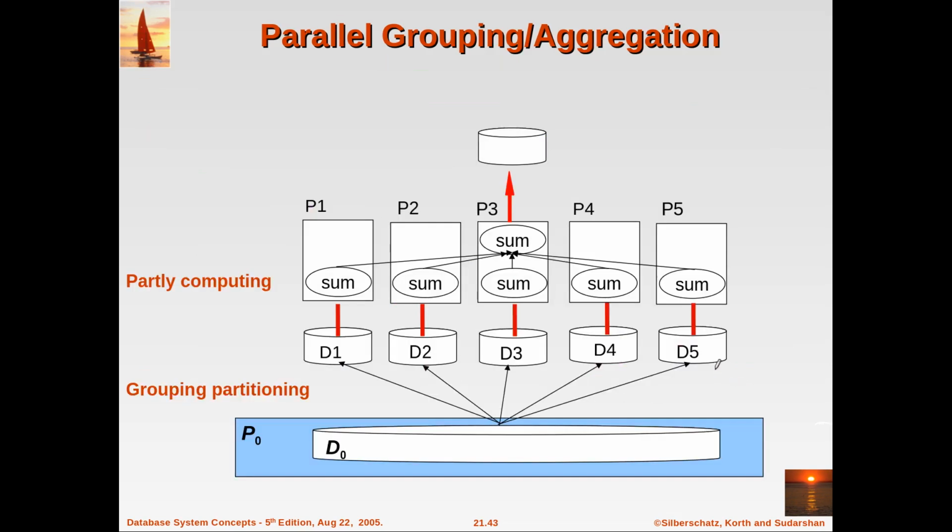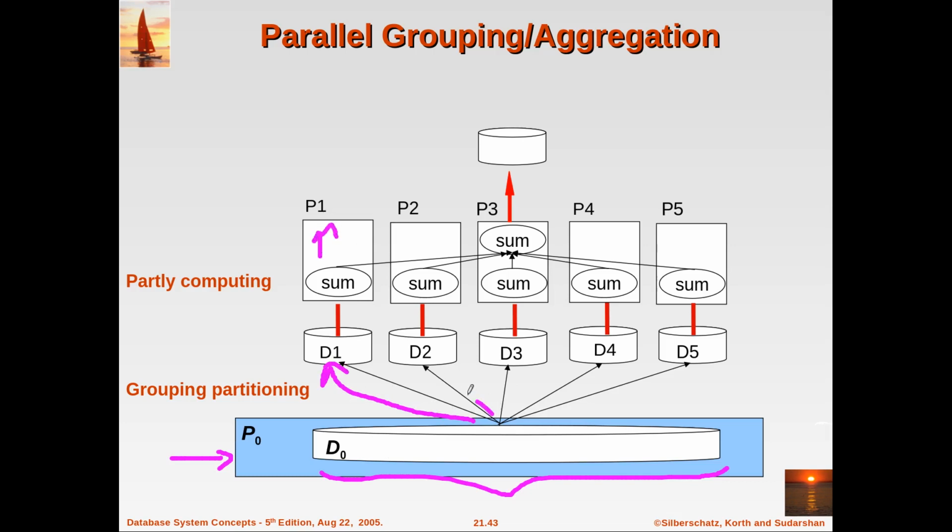This is the pictorial representation. This is the processor P0, where we have the entire relation present. In order to do the parallel operation, we consider the initial partitioning of this relation across different processors. Some of the tuples will move to D1, which is part of P1.